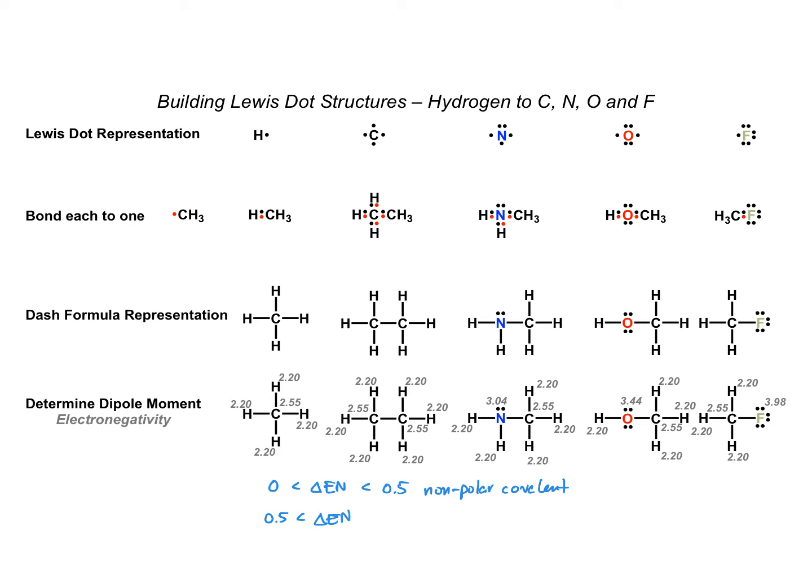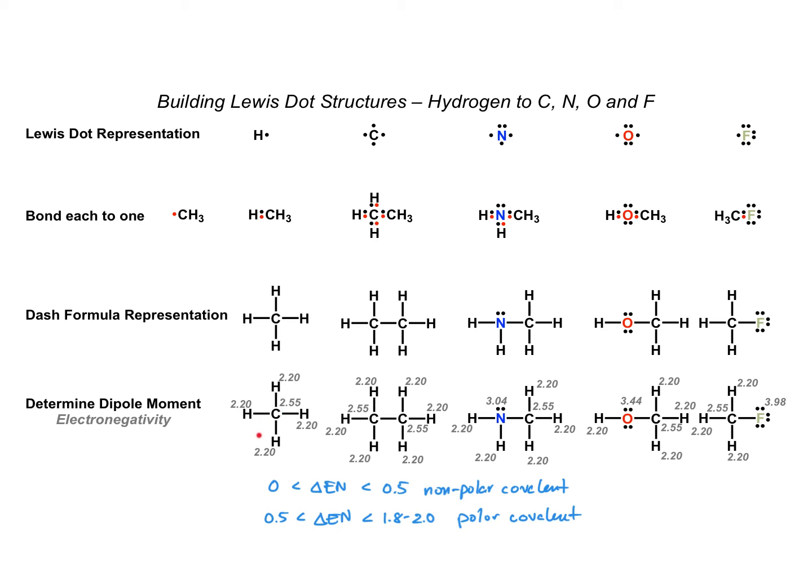That's the change in electronegativity. So the difference between the two elements is less than about, we'll say 1.8 to 2.0. This would be a polar covalent. And then we're talking about the bond type here.